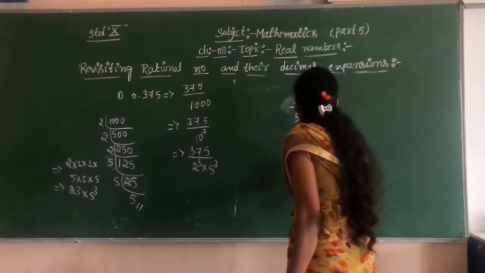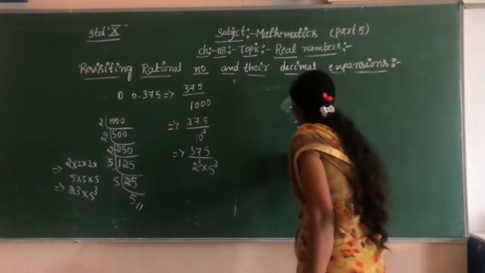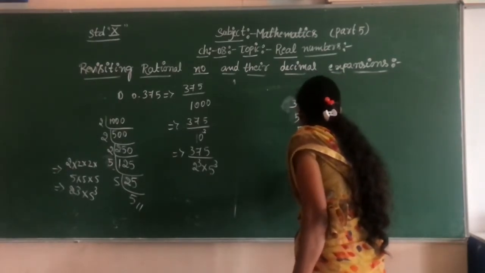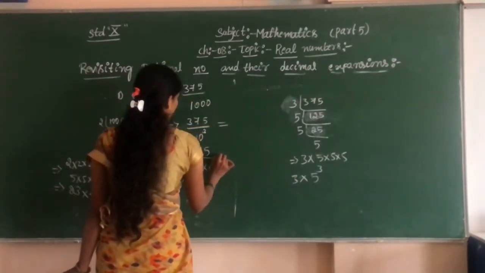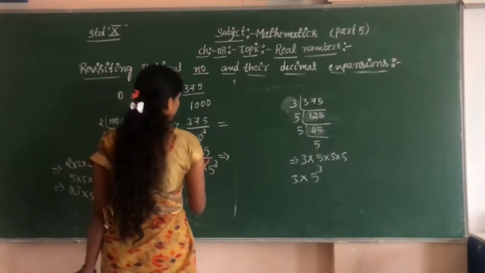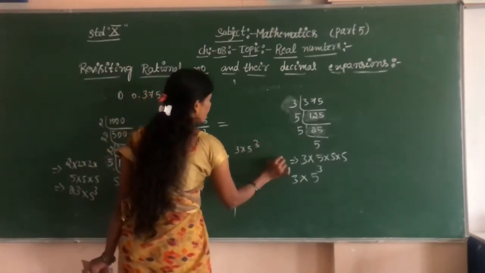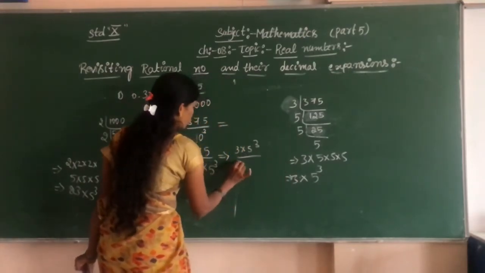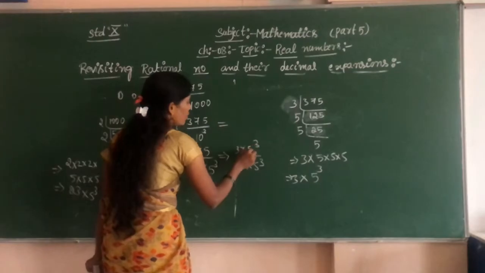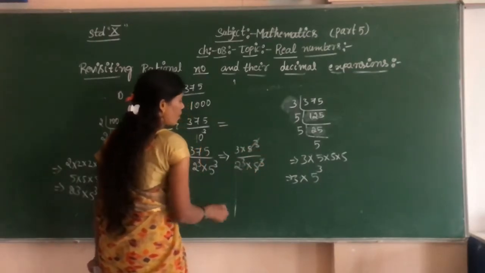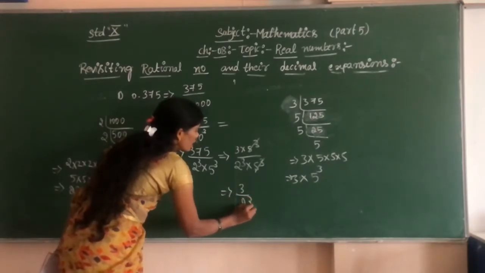Okay, 3 into 5 into 5 into 5, that is 3 into 5 to the power of 3. 5 to the power of 3 and 5 to the power of 3 get cancelled, and it is equal to 3 by 2 to the power of 3.